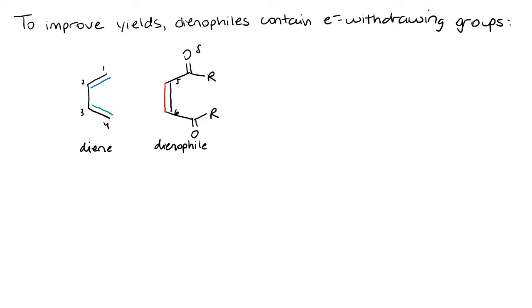That's going to leave slightly negative charges on the oxygens and slightly positive charges on the carbons that are going to be attacked by our diene. So now it's going to make carbons 5 and 6 much stronger electrophiles so that they can be attacked by the nucleophilic electrons in the diene.